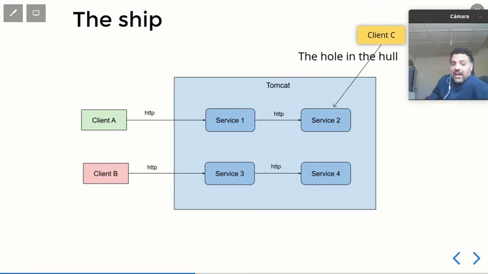And also we have a client C that is the hole in our hull. We are going to put some water in our ship through this client. It just adds some delay in the execution of a method of service 2 that simulates some problem.